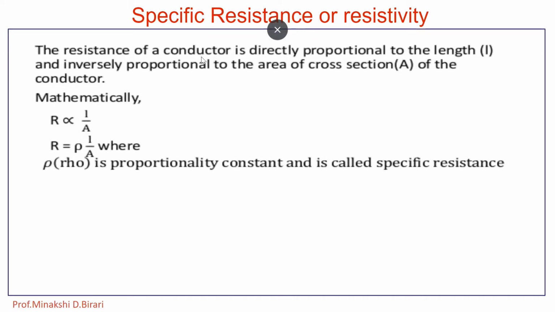The resistance of a conductor is directly proportional to the length and inversely proportional to the area of cross section A of the conductor.